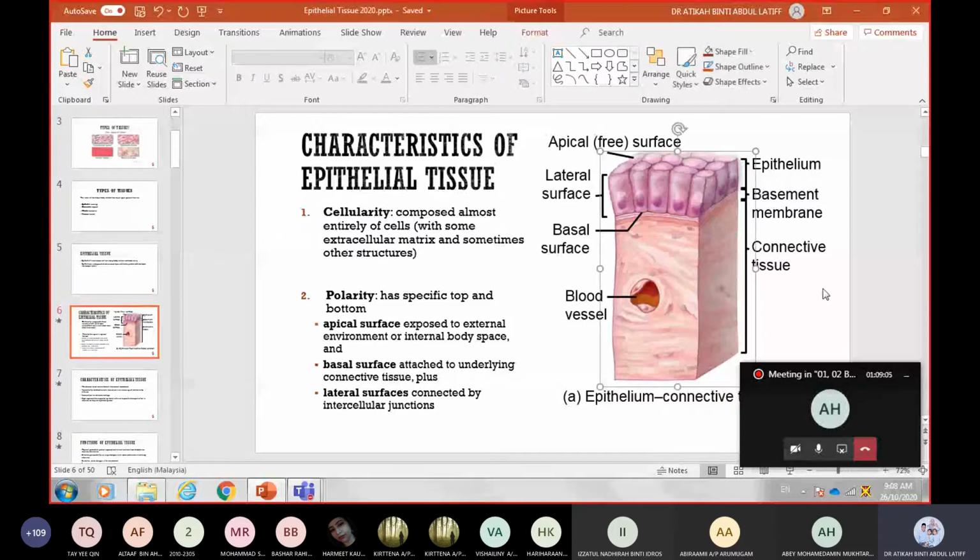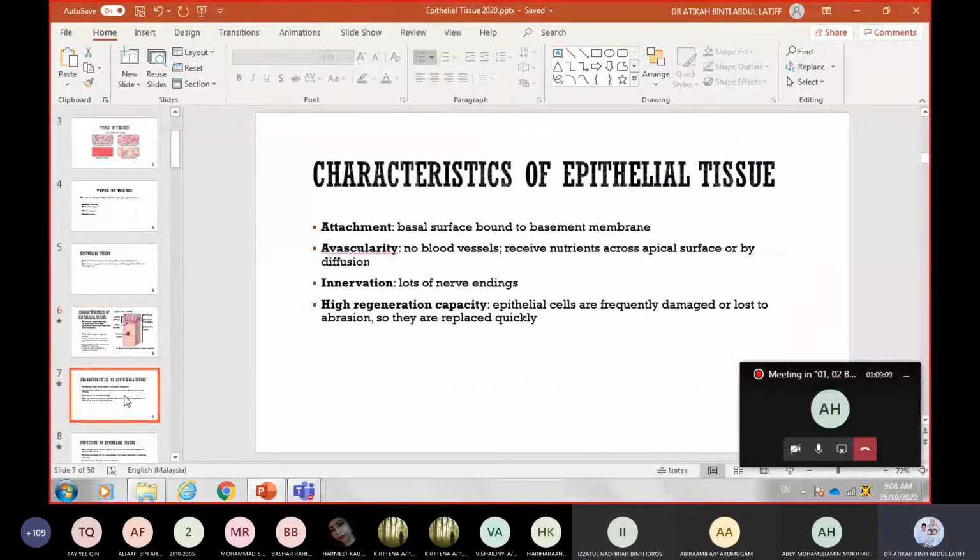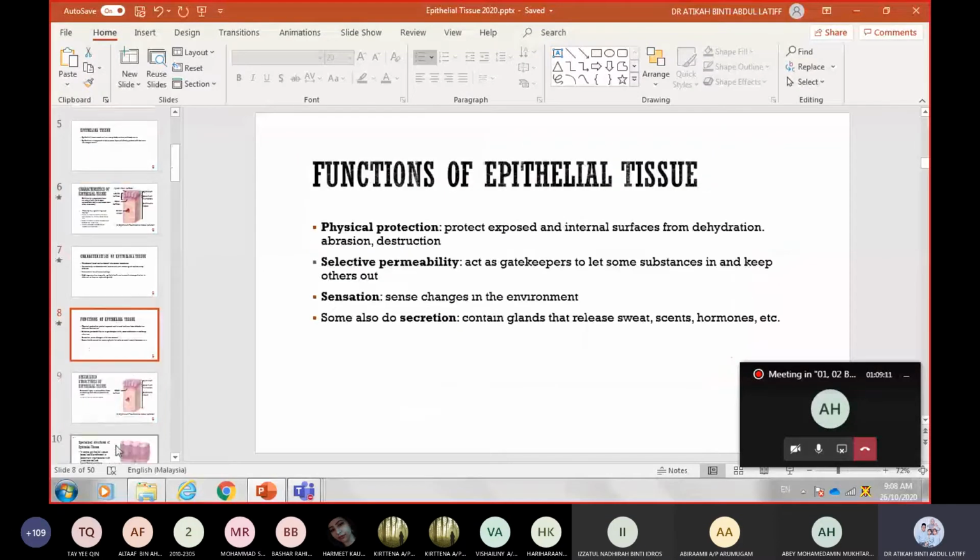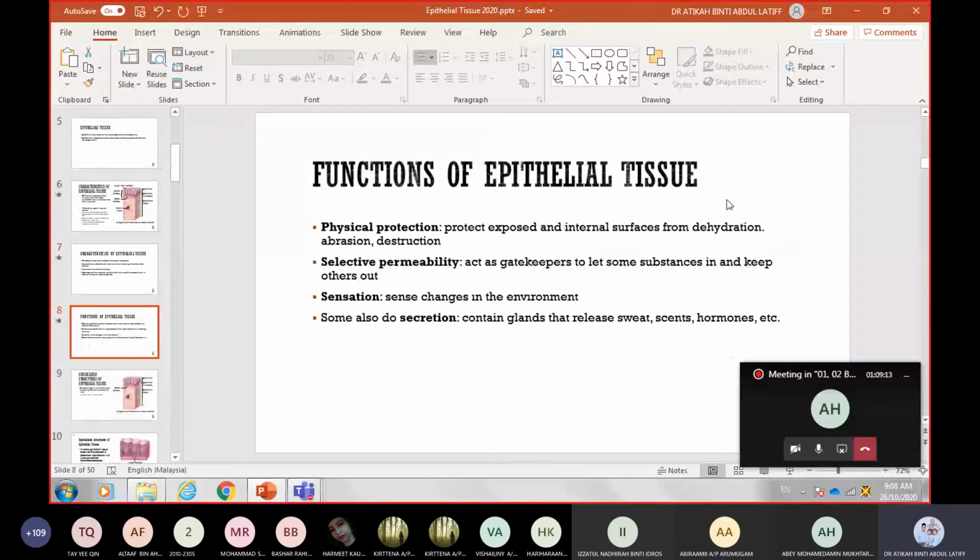Okay, so if it is injured, it needs to be able to regenerate quickly or be replaced. Okay, so the main functions of epithelial tissue is for physical protection, as I mentioned earlier, because this is the first part or line of defense of any structure. So it forms a protection or barrier.